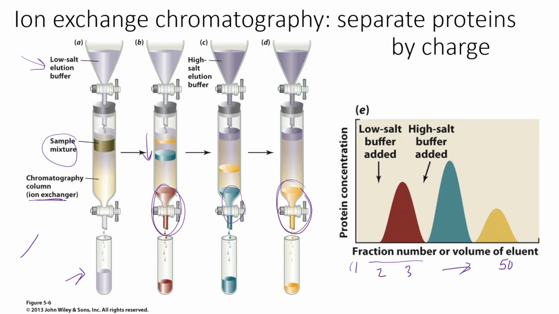How do you choose whether to do an anionic or cationic column based on the protein? Do you want it to be one of the first fractions that you're collecting, or one of the later fractions? It doesn't matter. I would say it depends a lot on the properties of the protein itself, as well as what other proteins are in the mixture. So you want to set up the chromatography in such a way that it will separate out your protein of interest from whatever else is in there.